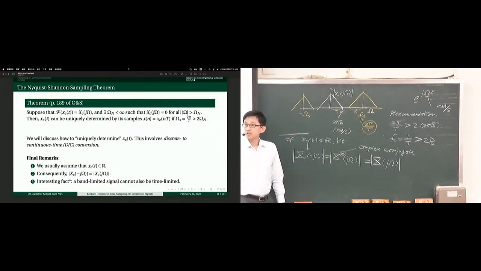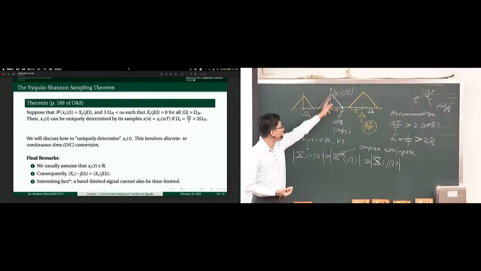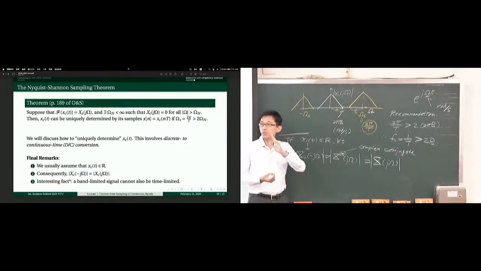So this is something quite relieving. There's a reason why when we draw a spectrum, we always use a symmetric shape. In this case, a triangle with equal sides.